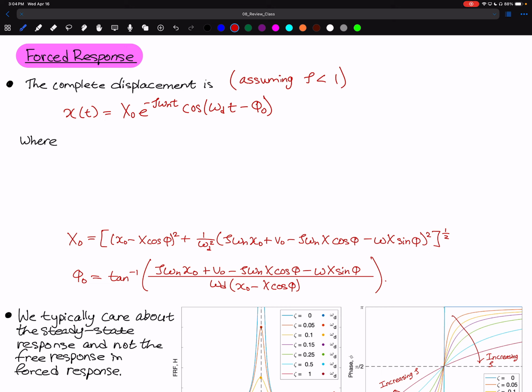So that's our free response term plus our steady state, capital X times the cosine of omega t minus some phase phi, where omega here is our forcing frequency. This here is our free response. And then the second term is the steady state response.